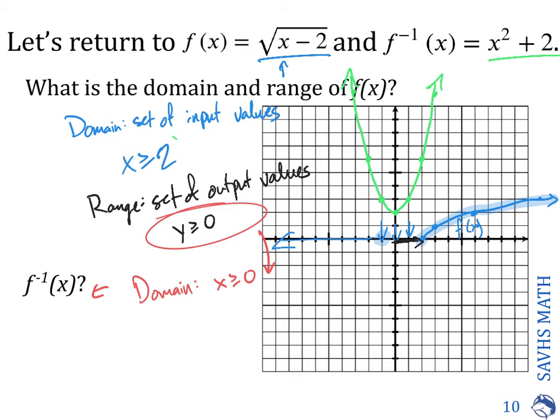And we can take the same information about the domain of the original function and rewrite it as the range of the other function. So the range is y is greater than or equal to 2.